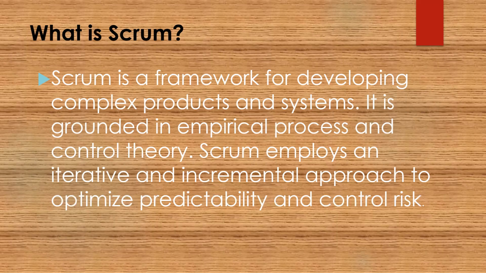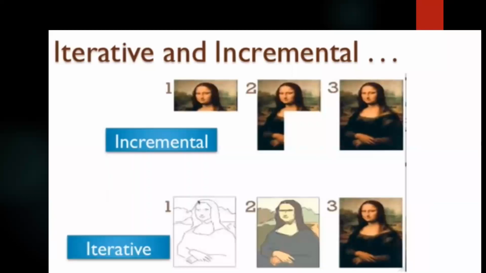Okay. To talk more about this iterative and incremental approach, I will just show you an example. This is a Mona Lisa picture I have taken to explain the iterative and incremental approach. If you look at the incremental approach here, to draw the Mona Lisa picture, I just started with one part. If you look at the first step, I started with one part, and then I took one vertical part and drew a vertical, and after that I drew another vertical, and again I drew the complete picture.